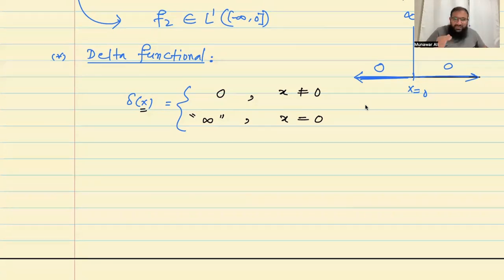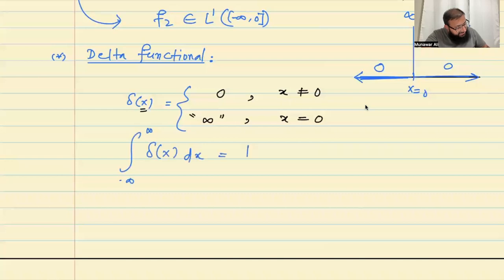Okay. I'm going to define this function, and this is really crucial because we'll be applying this function most of the time. One other remark: if you integrate this function over the whole of R, from negative infinity to infinity, the result should be 1.